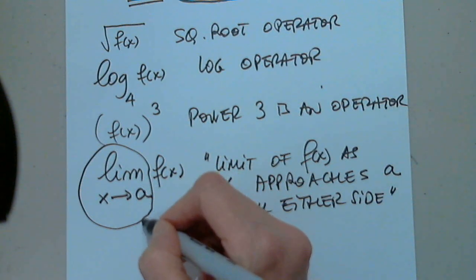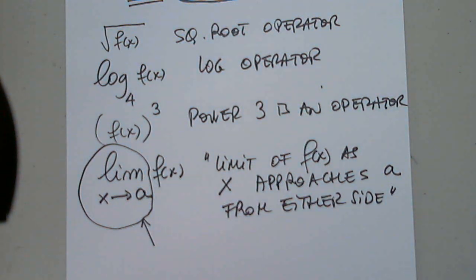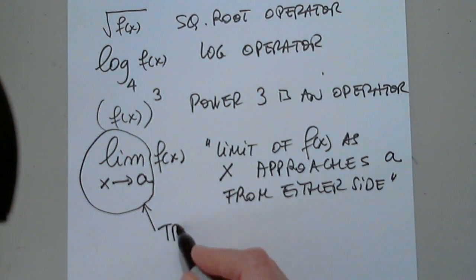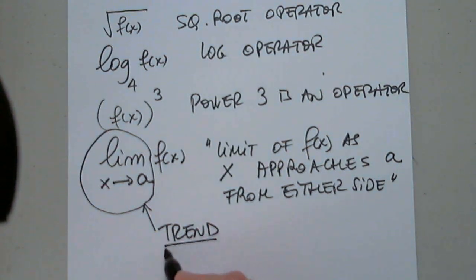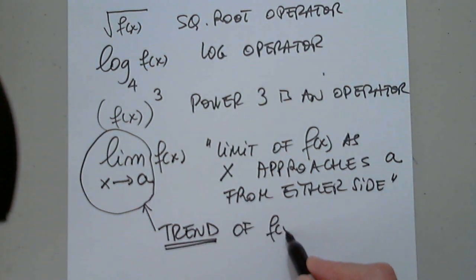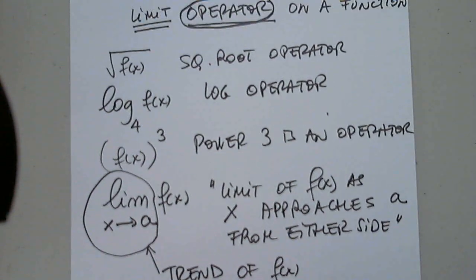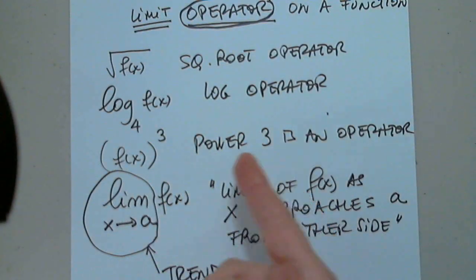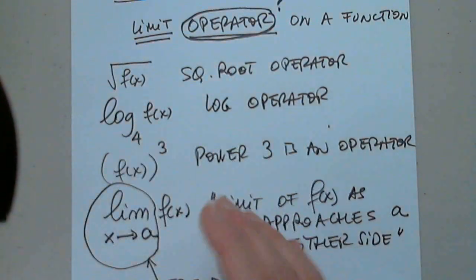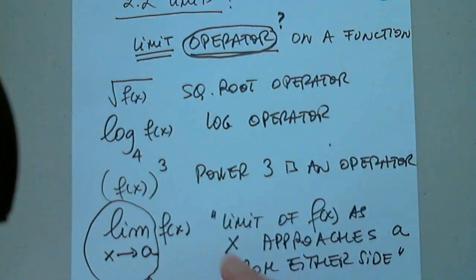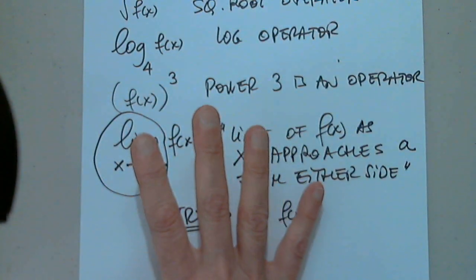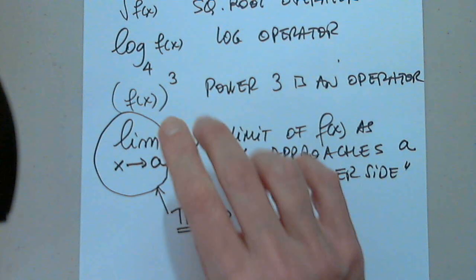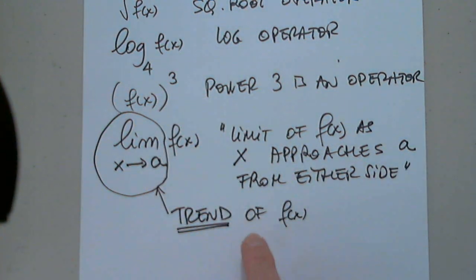This looks for the trend of f of x. So this one looks for power 3 applied. This one looks for log applied. This one looks for the square root applied to the function. This one applied to this function only gives us the trend of the function.